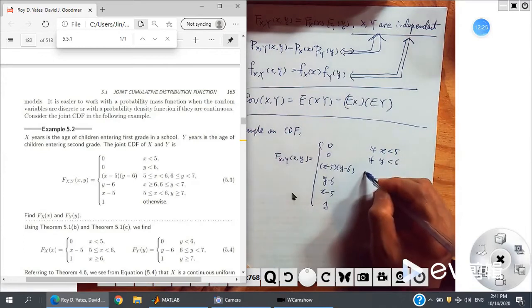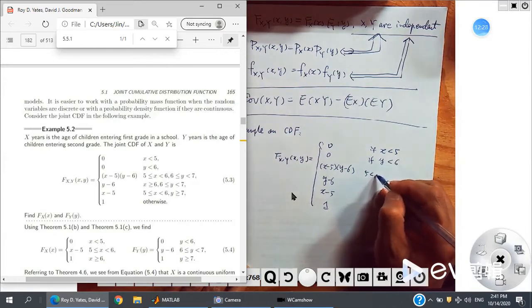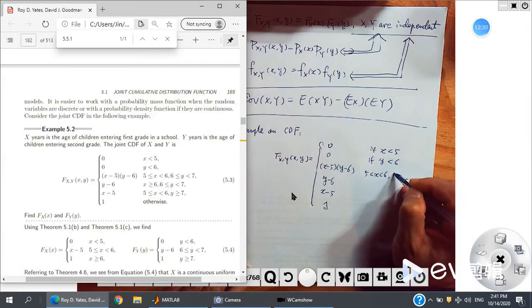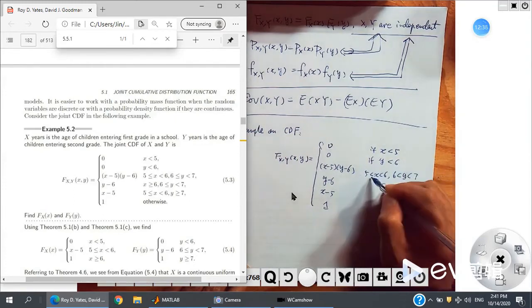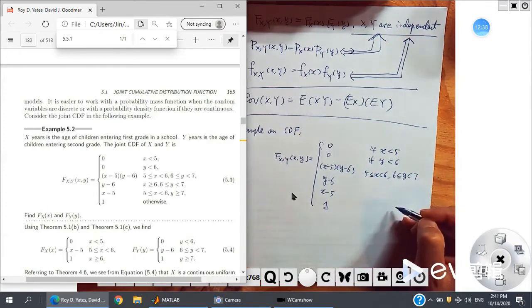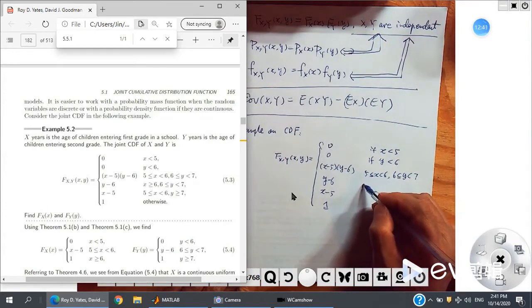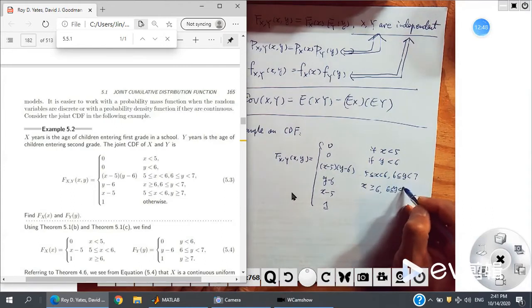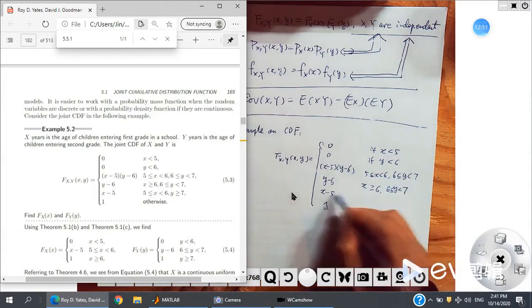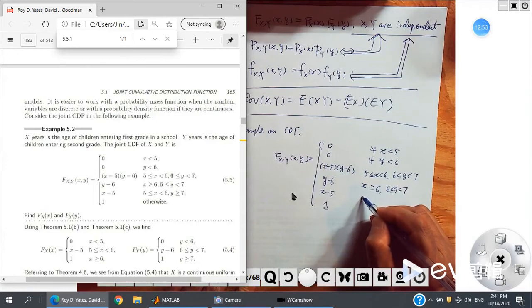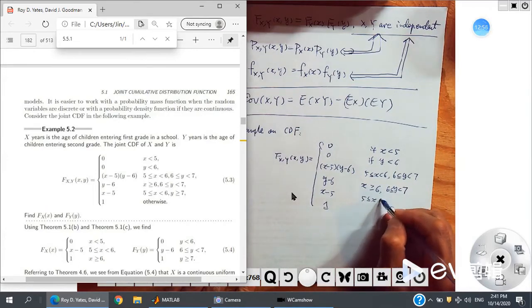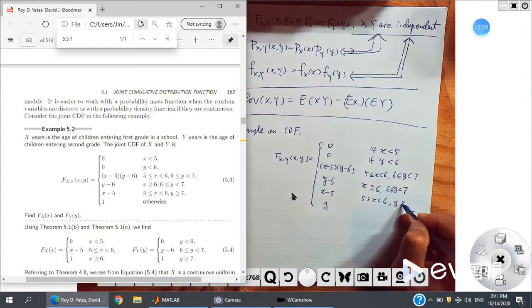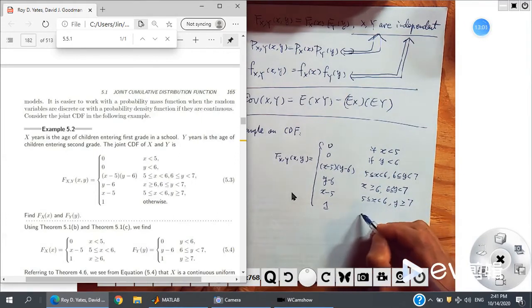Now here x is between 5 and 6, and y is between 6 and 7, and here you put the product. Then y minus 6 is for x larger than 6 and y between 6 and 7. And x minus 5 is for x between 5 and 6 and y larger than 7, and otherwise it is 1.